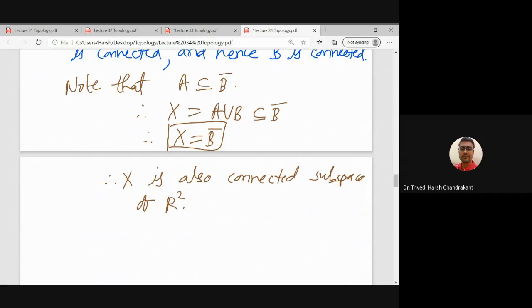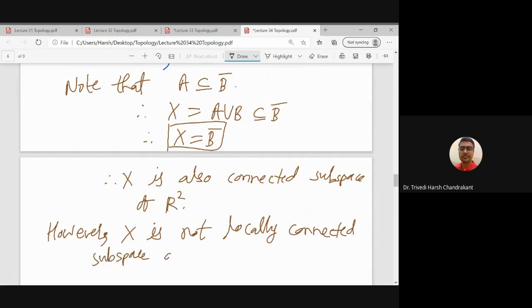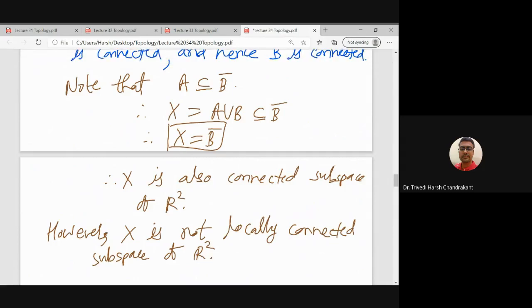and the important thing to note is that X is not, however, locally connected subspace of R2, because as we have discussed in the case of R, in every open set I take, I can find an interval inside that which is contained in the set.